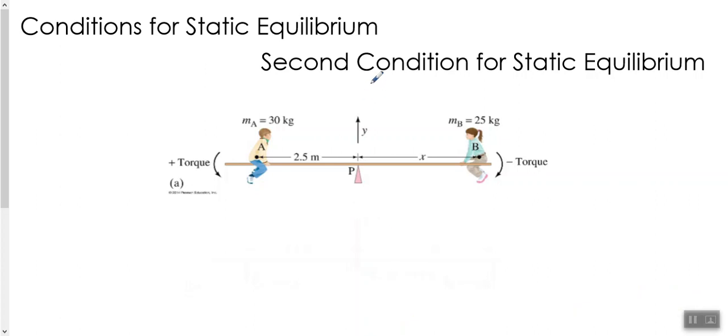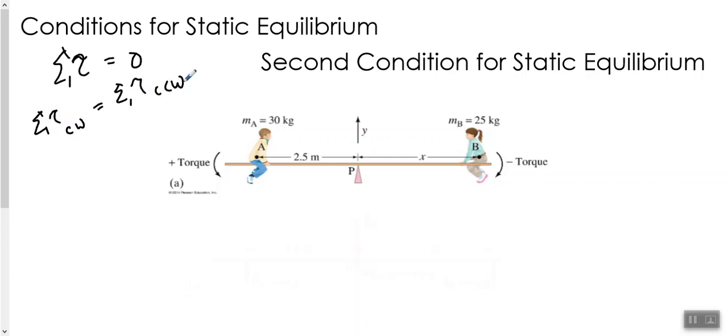Now let's look at the second condition for static equilibrium. So the sum of the torque must be equal to 0. So if you look at this object, the sum of the torque in the clockwise direction must be equal to the sum of the torque in the counterclockwise direction.